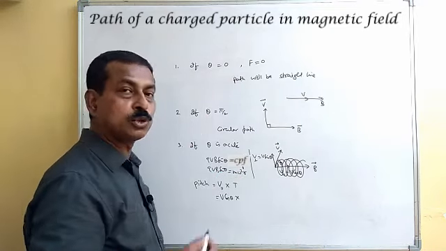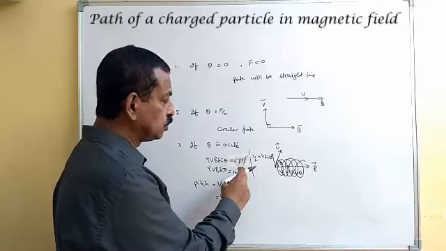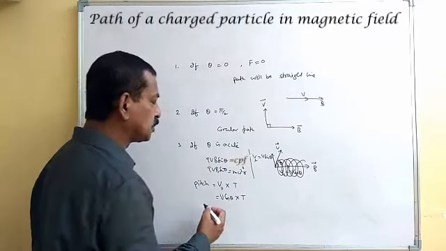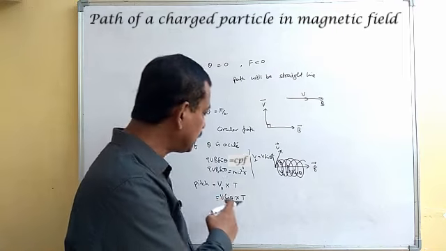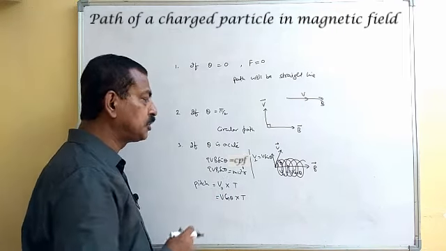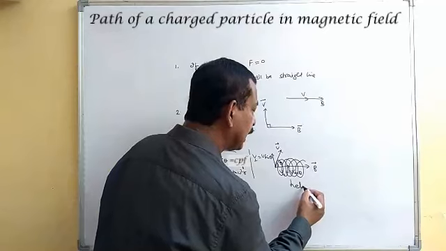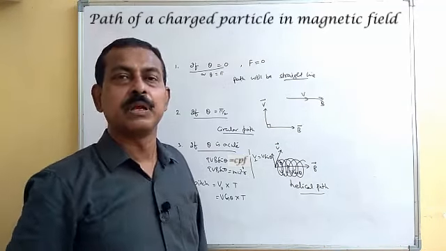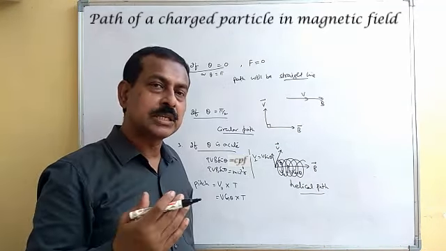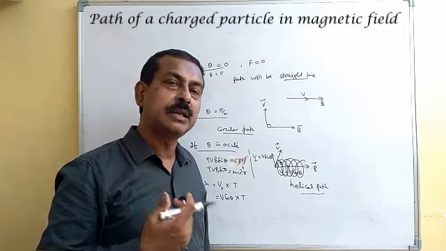Omega will be 2 pi by T. So substitute that, and you will get this expression for the pitch. So from this you can calculate the pitch of the charged particle, since it will have a helical path in this case. So these are certain things which we get for the path of the charged particle in a magnetic field.